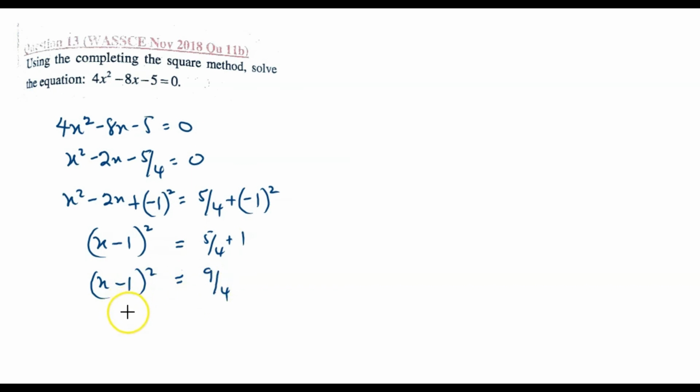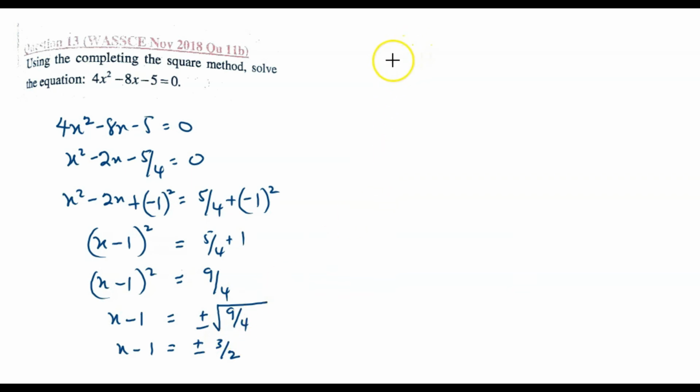Therefore, making x the subject, what are we going to obtain? We have x minus 1 equal to plus or minus square root of 9 on 4. When you simplify square root of 9 on 4, because they are all perfect squares, it gives us an answer of 3 on 2.